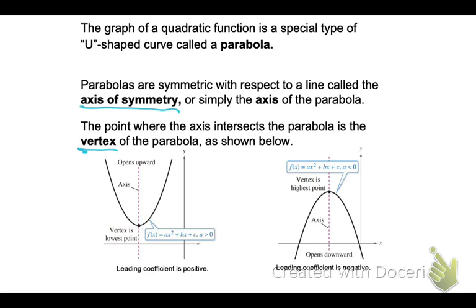You know what a parabola is. We've seen them over and over, correct? So when I ask for the axis of symmetry, all you have to do is tell me the x value of the vertex, correct? The axis of symmetry is a vertical line that passes through the vertex.